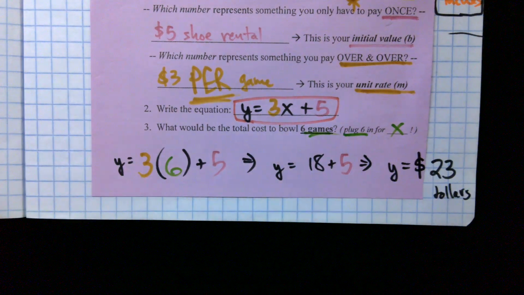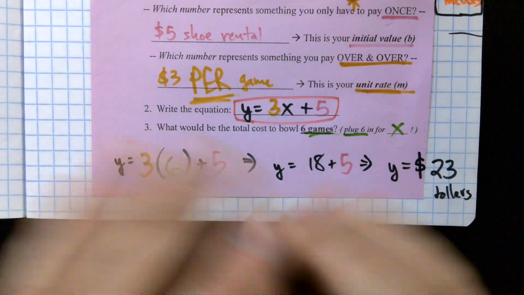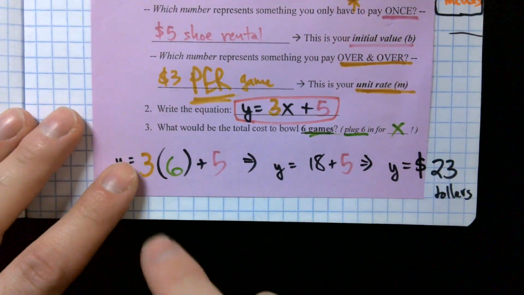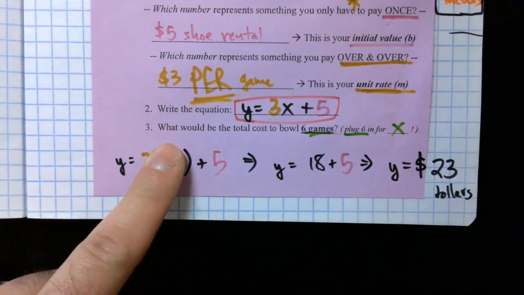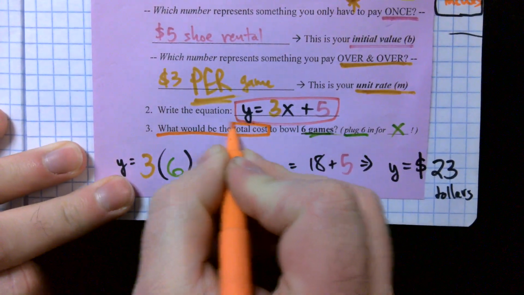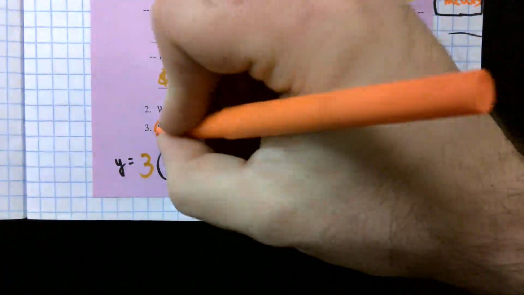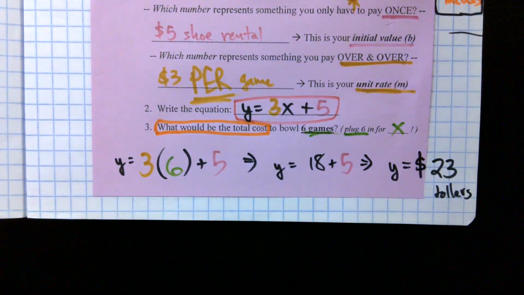If you ever are confused, maybe you get the right number, you feel really good about that, but you're like, I don't really know what my units are. I don't know if it's games bowled or pins knocked down. I don't know what the 23 represents. Look back at the question. It says, what would be the total cost? That's what the question's asking for.